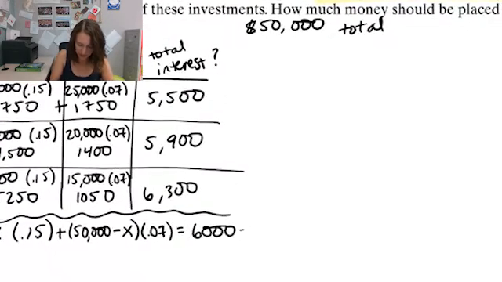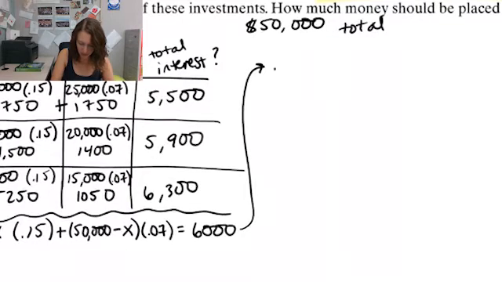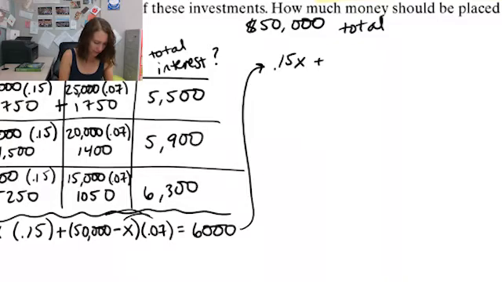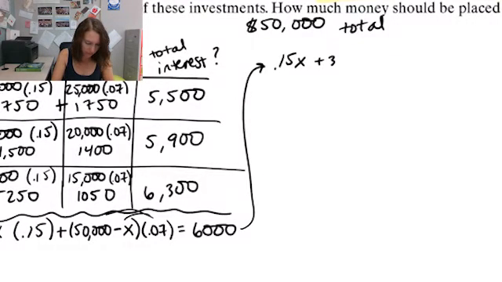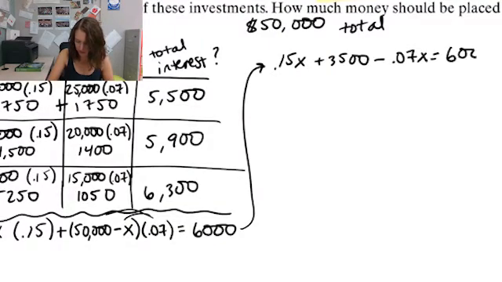So let's see, I'm going to take this equation and I've got 0.15x plus, and then I'm going to multiply this in here. So 50,000 times 0.07 gives me 3,500 minus 0.07x equals 6,000.